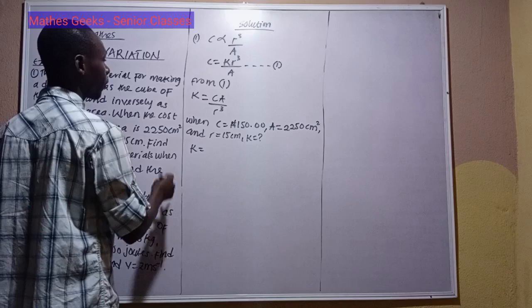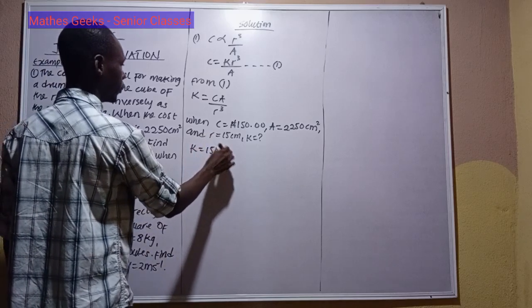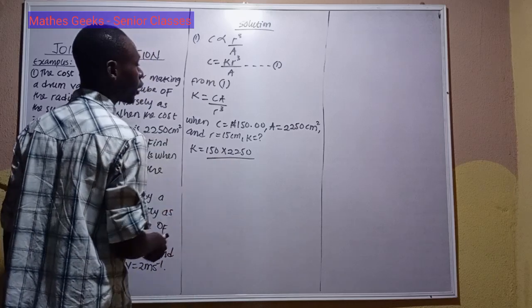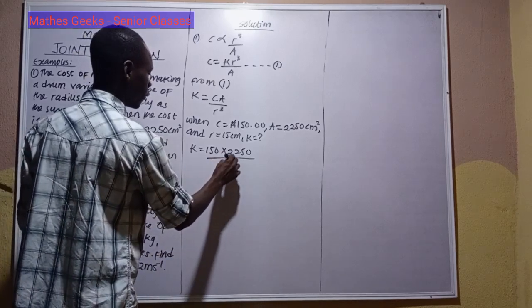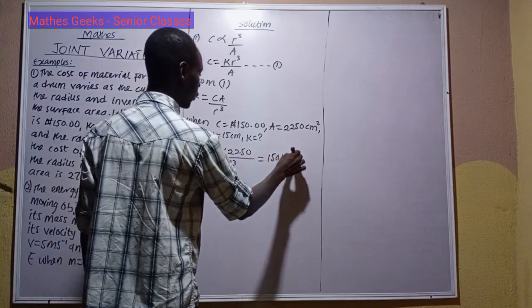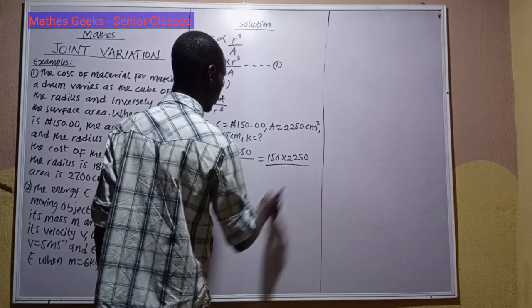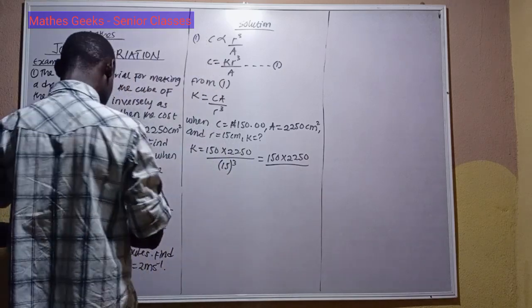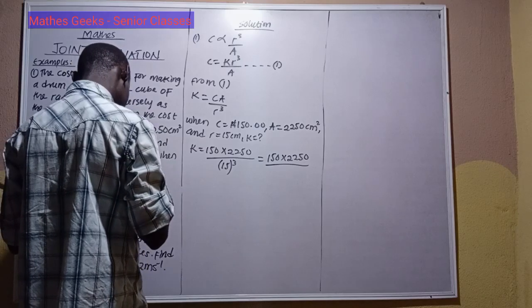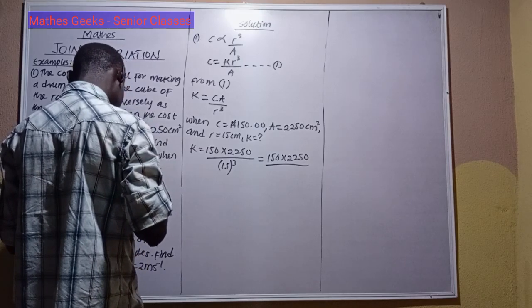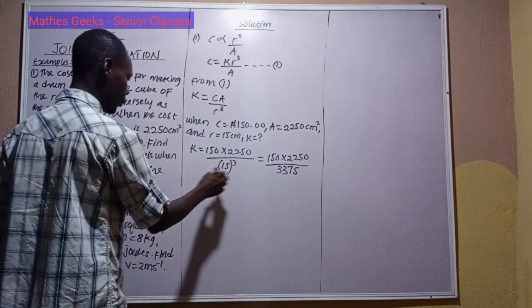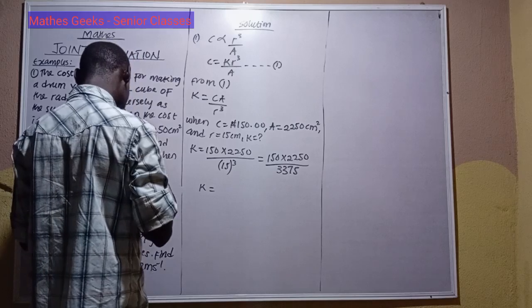Q is equal to C, 150, times A, 2250, divided by R, which is 15 raised to the power 2. This is 150 times 2250 over 15 raised to the power 2, 375.